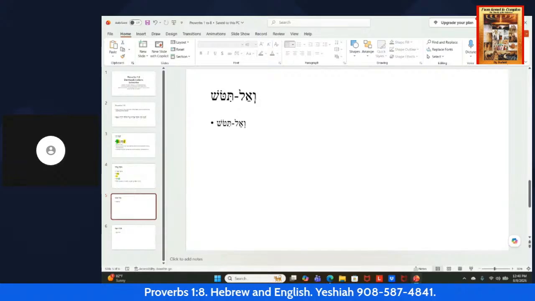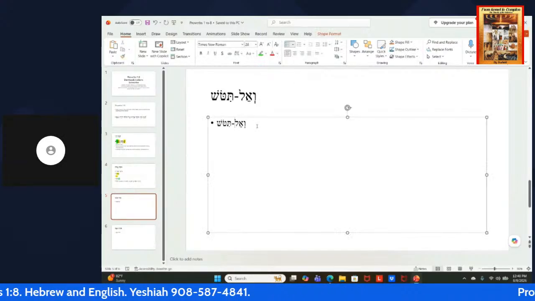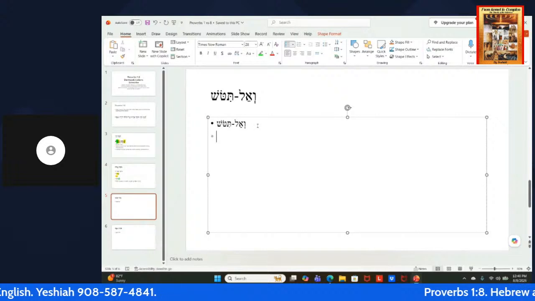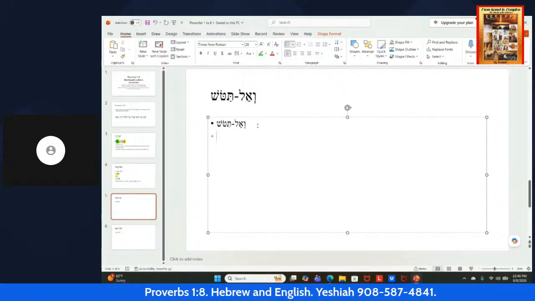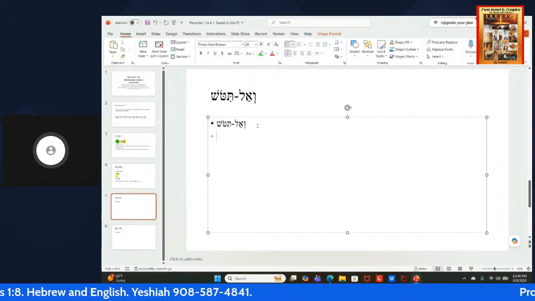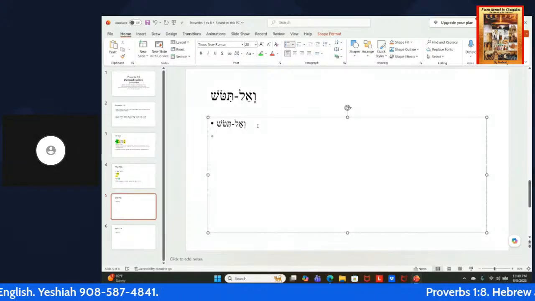Now, let's look at this. Wa'al titosh, right? Now, we've already explained that whole al situation, right? You have lo, meaning no or not, and then you've got al, essentially meaning do not.